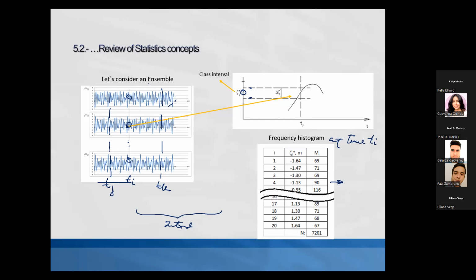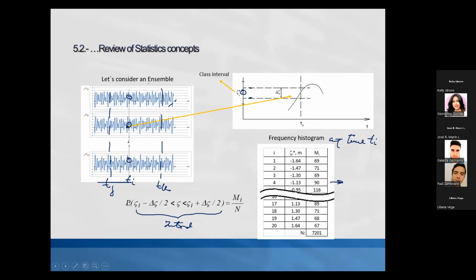It's a lot. And after that, we ask ourselves, let's suppose that I choose one of these intervals. What's the probability that I take any of these values and it's in this specific interval? And this is the way we express that.